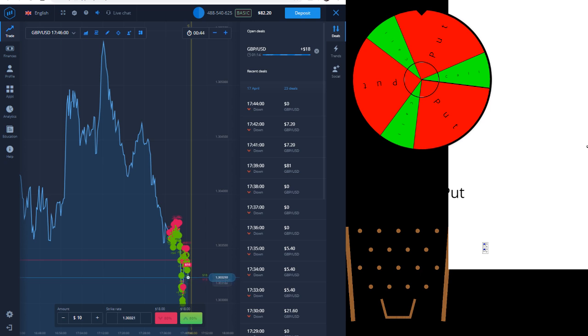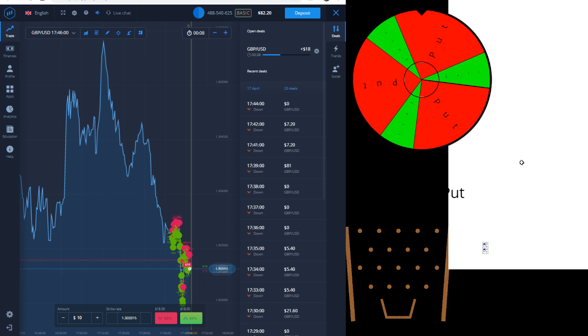Trading live. Trading live, live money, live session, live trade, real money, real session. It doesn't get any better than this. So where is this going? Are we getting some money or not?